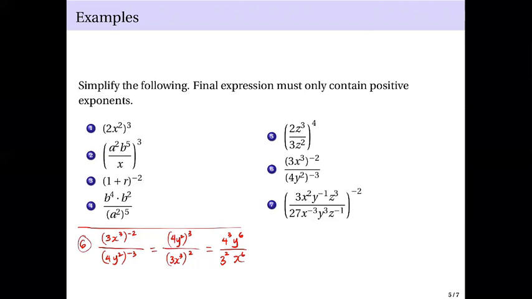Then if you simplify this, 4 cubed, that's 64. So 4 times 4, that's 16 times 4, 64. And then you have y to the 6 divided by 3 squared, that's 9. And then you have here x to the 6. So this is the final answer.